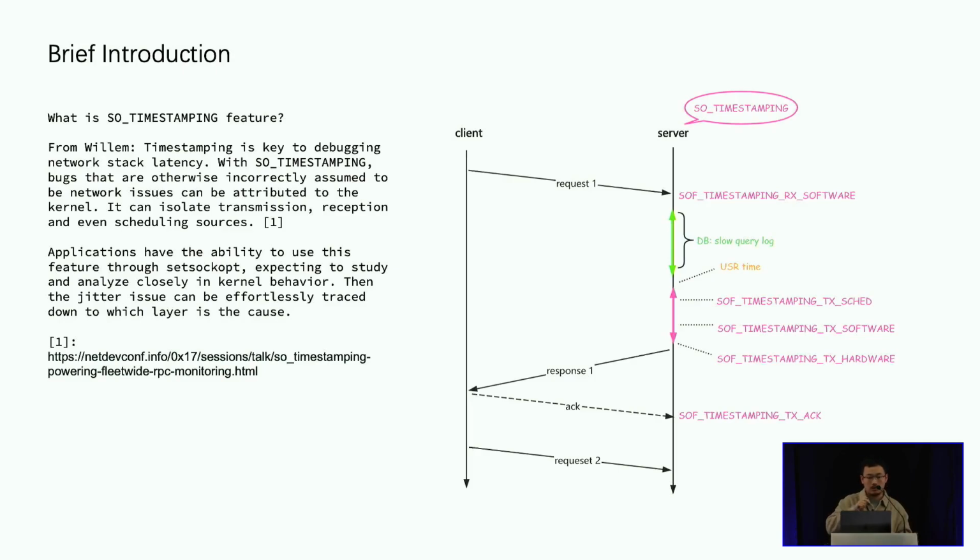The reason why I drew this figure is that we've encountered numerous issue reports from our customers. The application engineer who cares about the latency comes to us, or comes to the network operator, and says, hey, we got a problem in history.